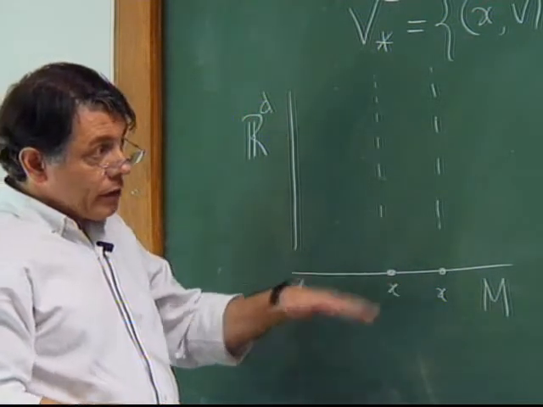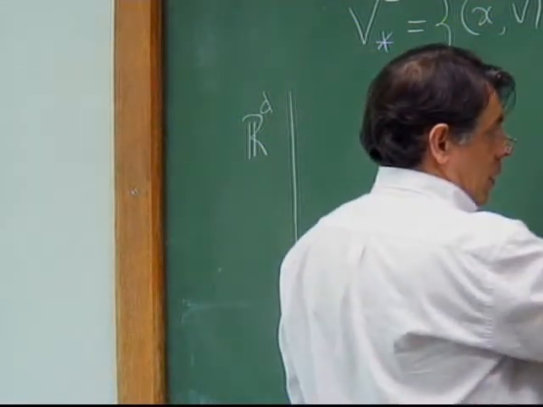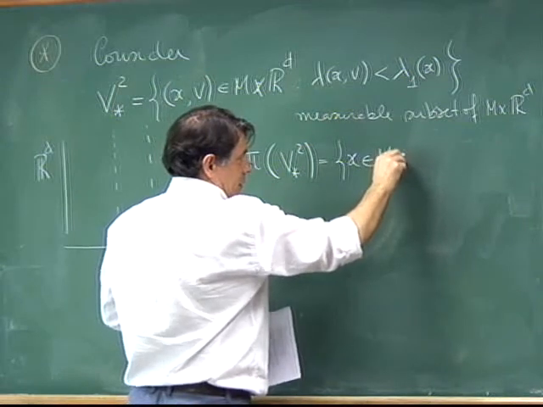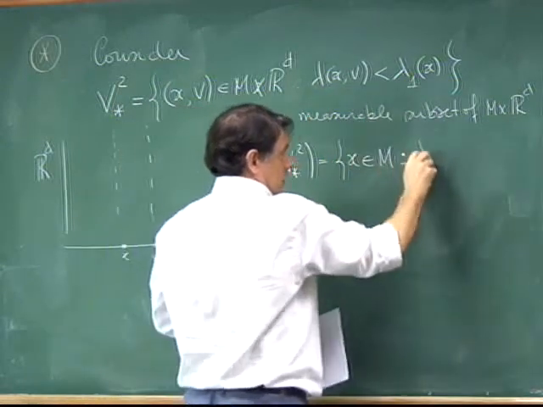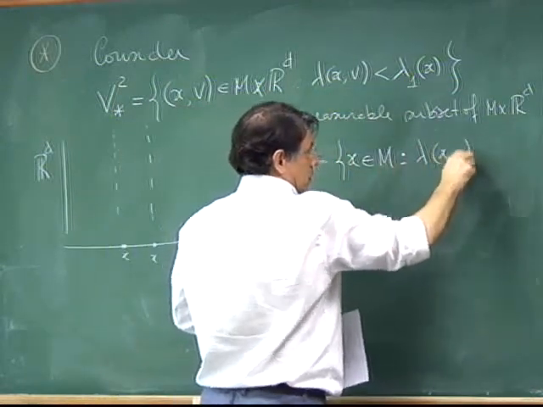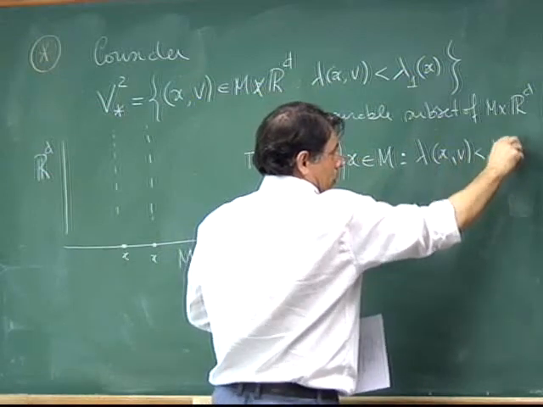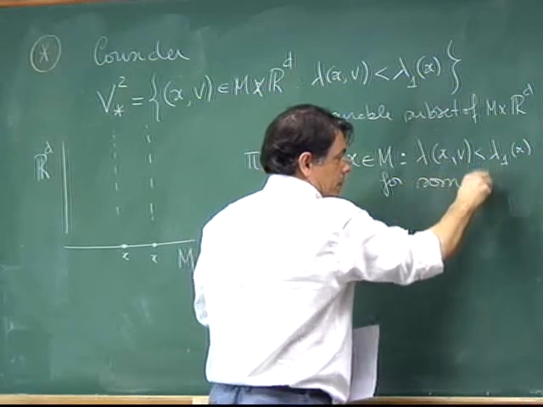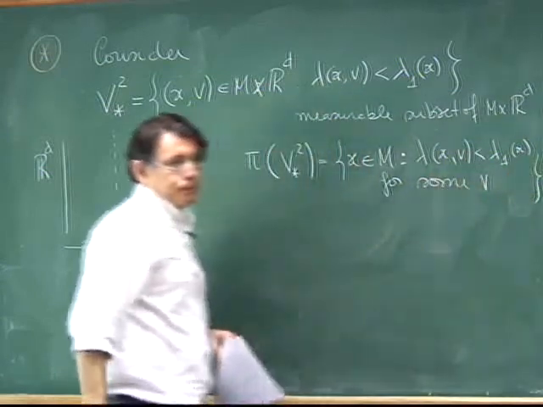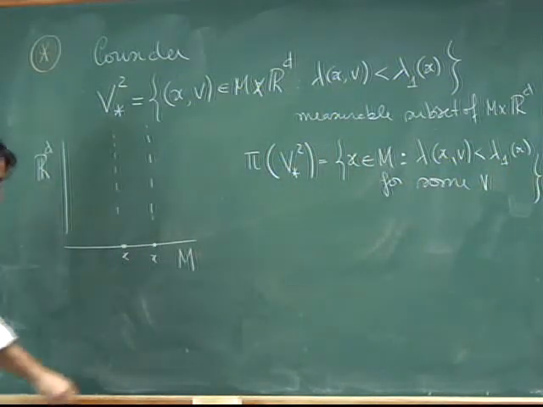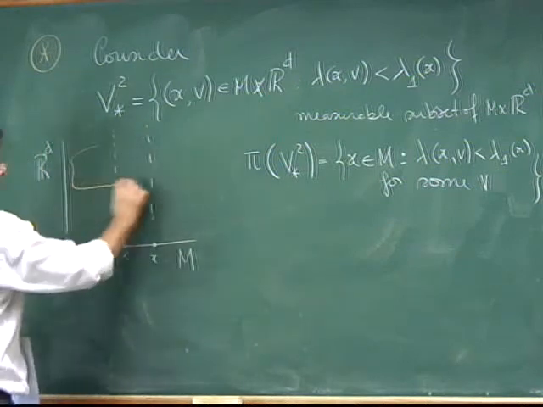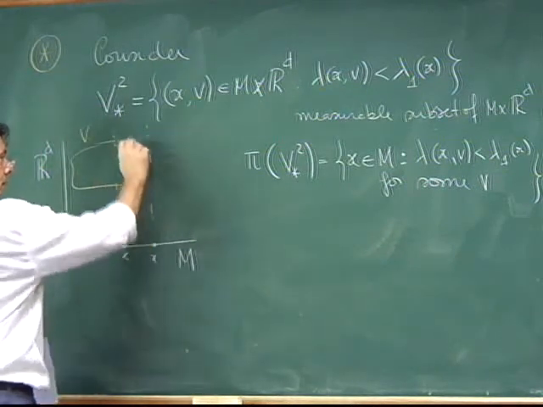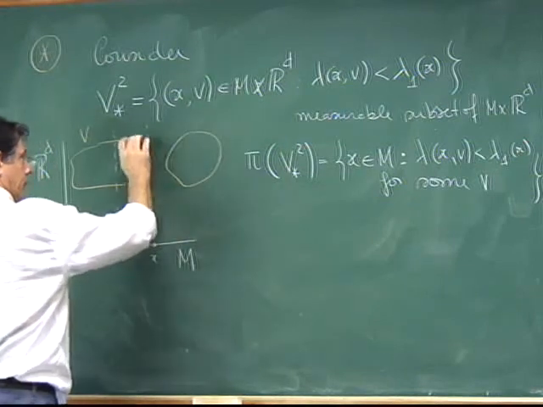So what is the projection? It is the set of points x in M such that this inequality holds for some v. I have this set V2 star here. I don't know how it looks.